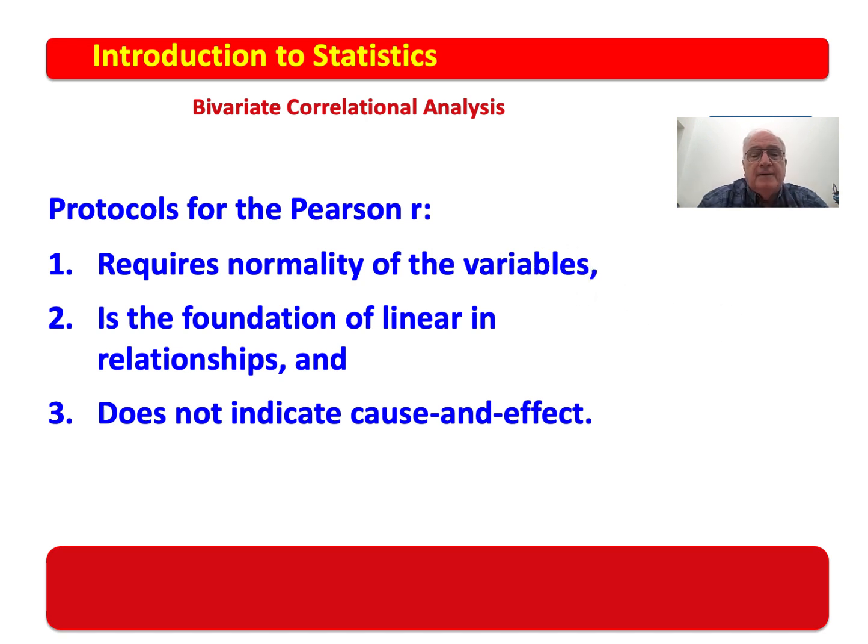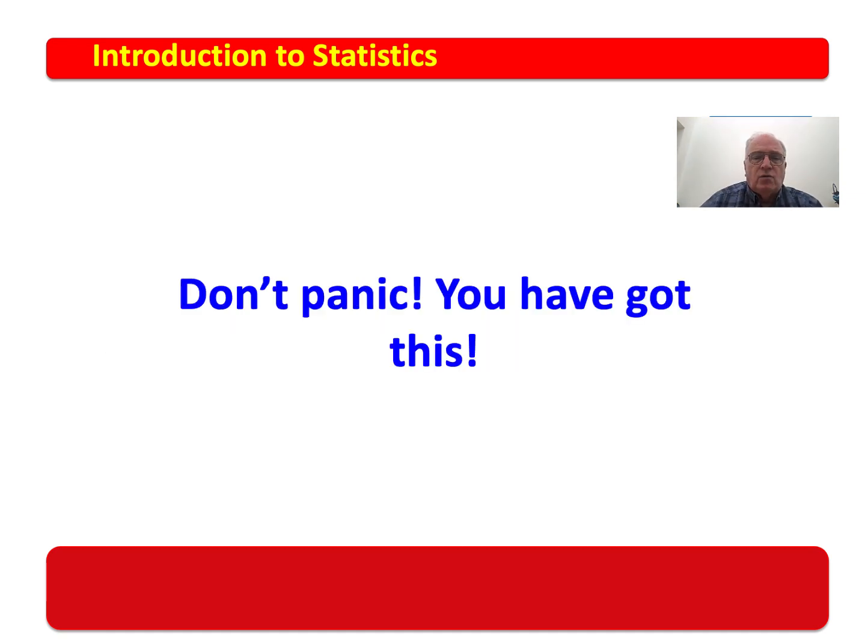And to do that, again, you look at skewness and kurtosis. If they are not normally distributed, then there are other correlational values like Kendall's tau and others that don't require normality. They are non-parametric. Again, non-parametric means that you do not have normality.